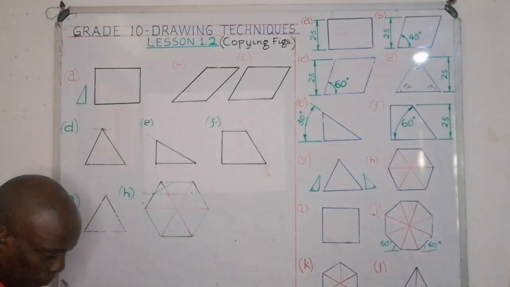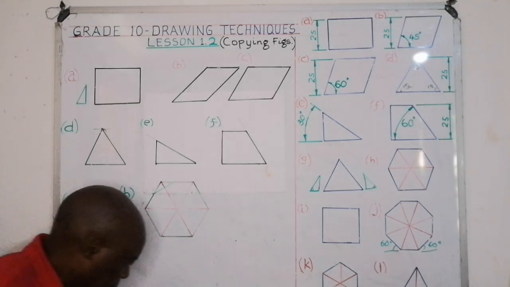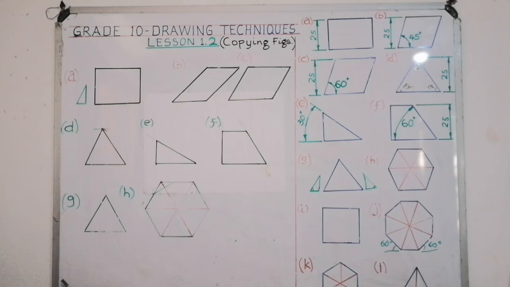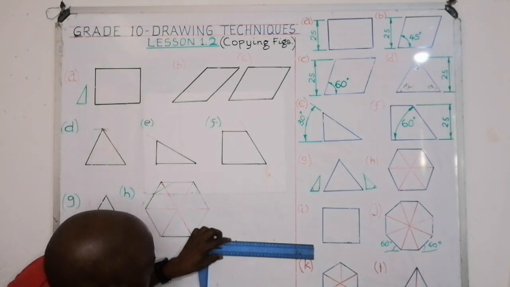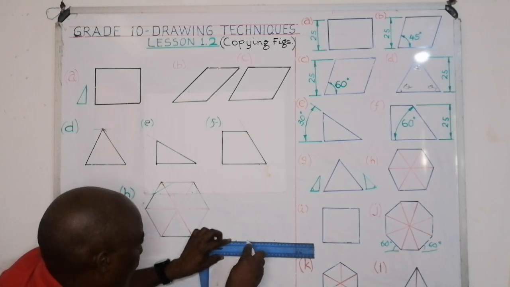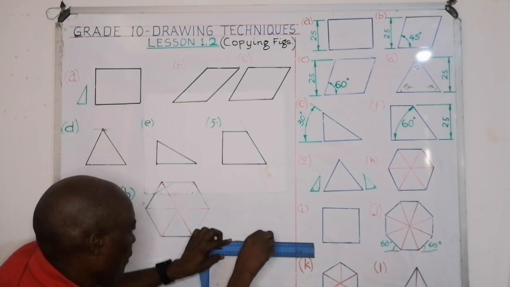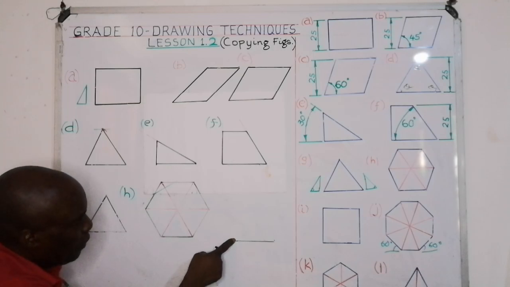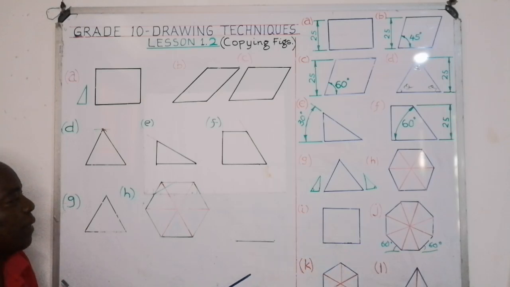Right. So just join them. Let's look at the short one. What is it? T-square. So that's our given side of the square, and as you can see, this is at 90 degrees, right?